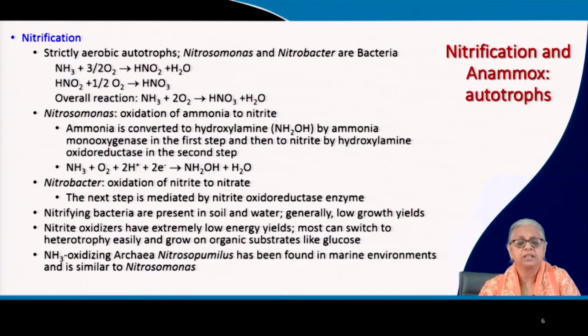Nitrosomonas and Nitrobacter are part of bacteria, which means they are modern bacteria. One species of ammonia oxidizing archaeobacteria has been found in marine environments, and it is very similar in its mechanism of utilizing ammonia to Nitrosomonas. The archaeobacterium is Nitrosopumilus, and that seems to have been found recently.